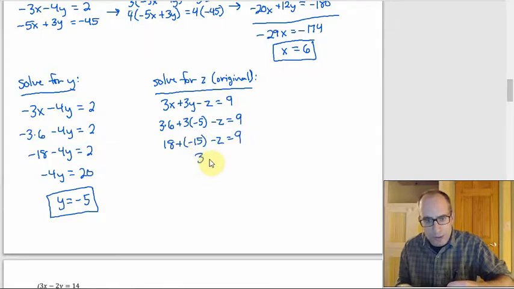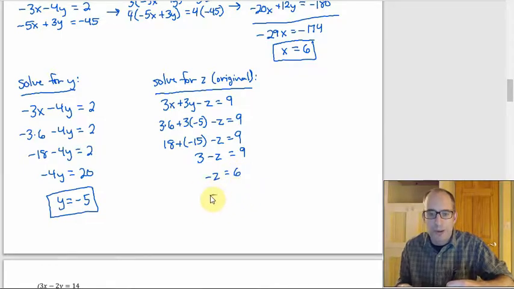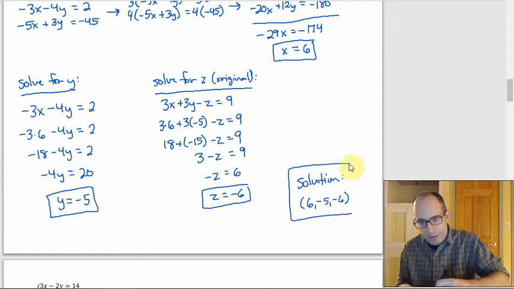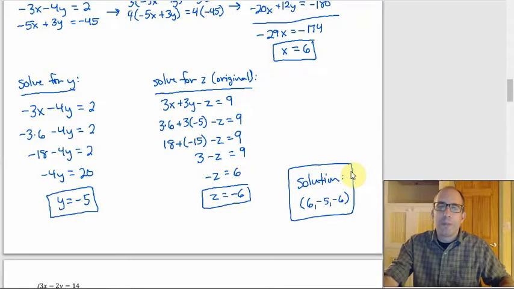So that's 3 minus z equals 9, or negative z equals 6. If you multiply both sides by negative 1, z is negative 6. And so what we end up with as our solution, if you want to write it as an ordered triple, is 6, negative 5, negative 6. There.